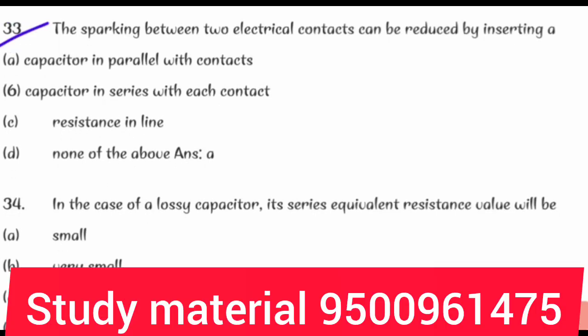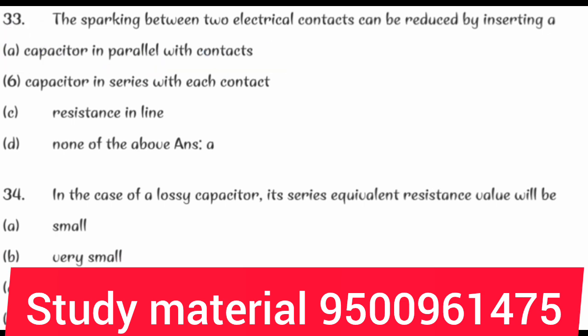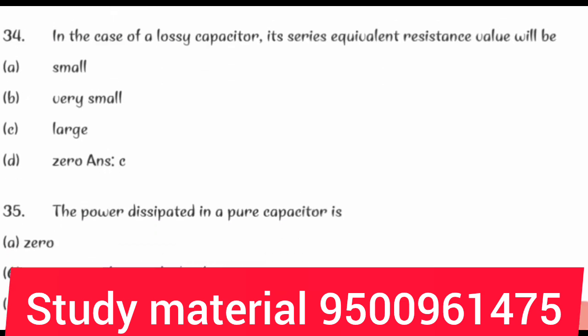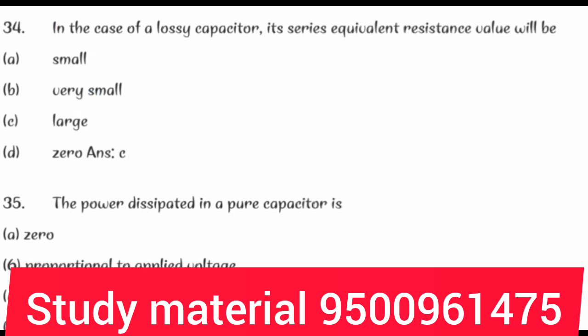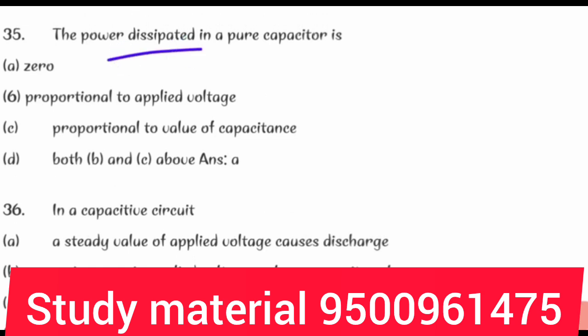The sparking between two electrical contacts can be reduced by inserting a capacitor in parallel with contacts. In the case of a lossy capacitor, its series equivalent resistance value will be large. The power dissipated in a pure capacitor is 0.